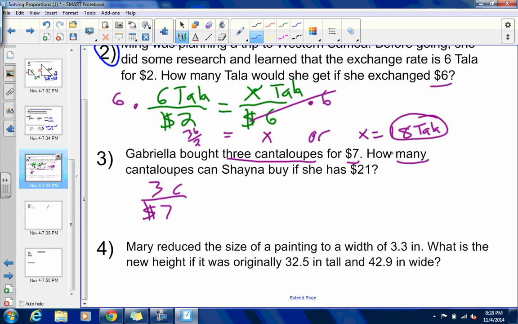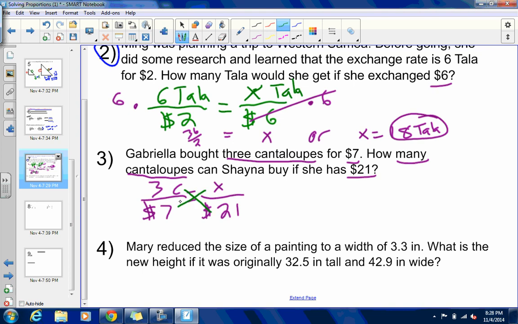So we want to know how many cantaloupes. We don't know that yet, but we do know she has $21. So let's put $21 on the bottom so that the dollars are lined up. And that's equal to how many cantaloupes? So let's say x. This one, let's try cross multiplying.